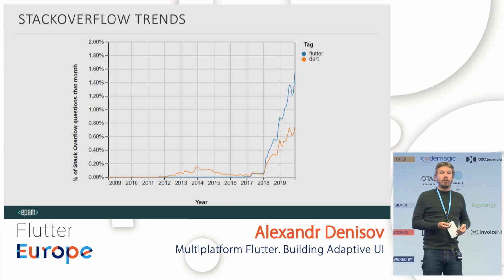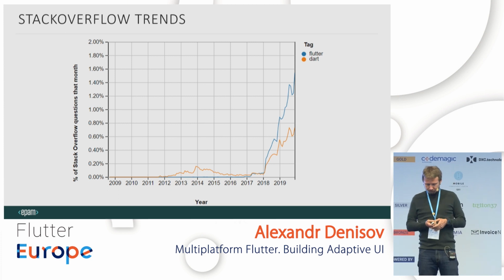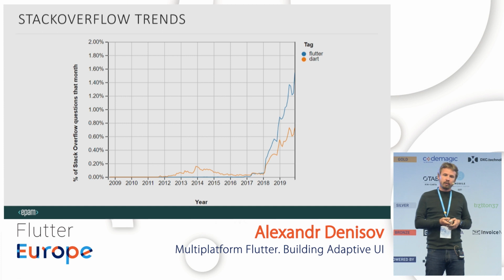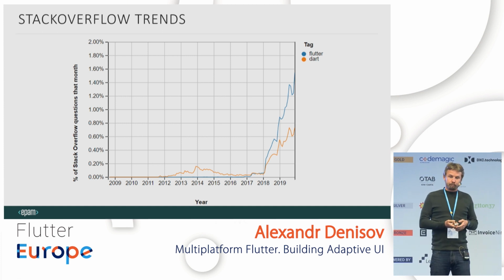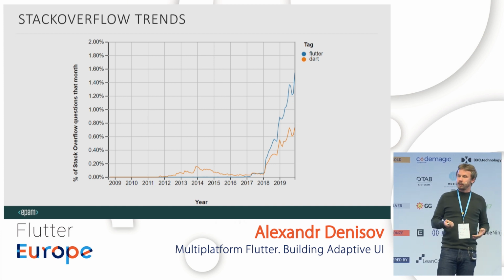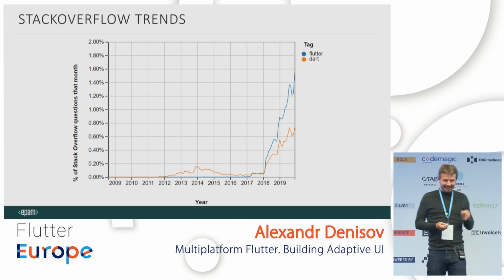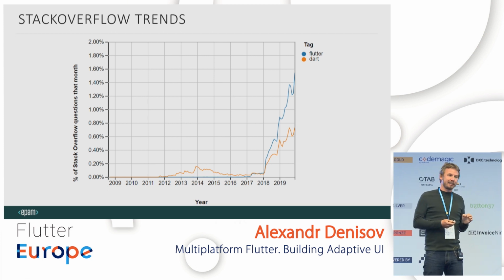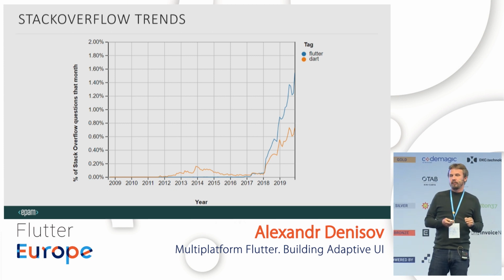And look, since 2018, popularity of Dart and Flutter is growing constantly. And a lot of people are trying to make something interesting with Flutter. But before starting to create something interesting, some issues need to be foreseen in advance.